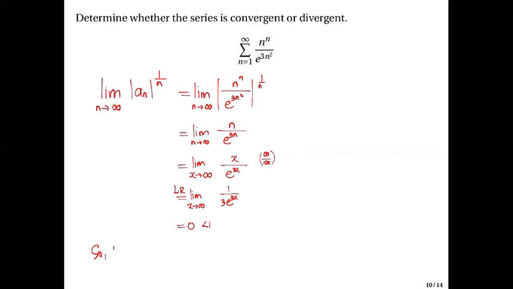So, by root test, the series sum n to the n over e to the 3n squared, n from 1 up to plus infinity, is absolutely convergent. Okay?